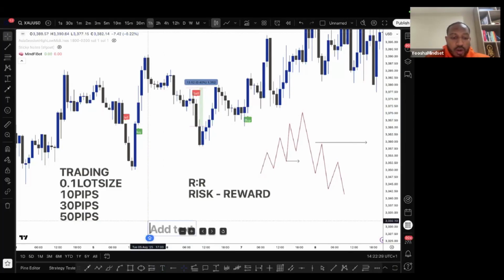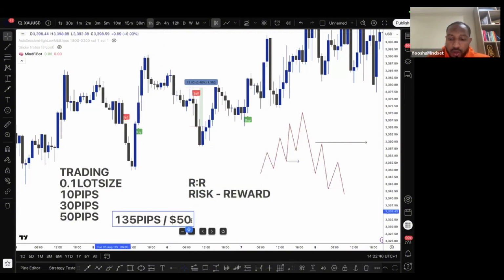So it means 135 pips, divided by $50. If you're risking $50, it will give you the lot size you should use. So it's going to be 135 divided by 50, which will be approximately 0.2 lot size.